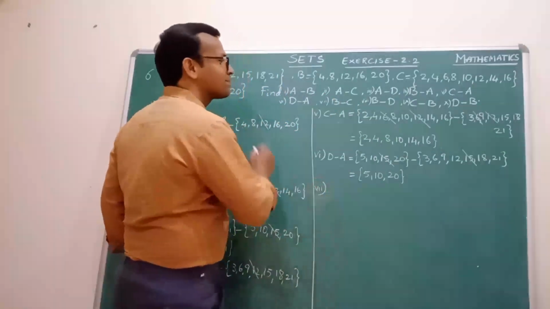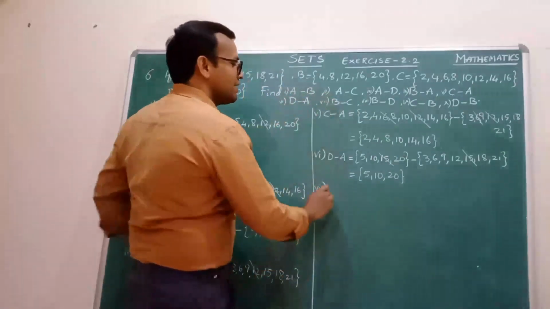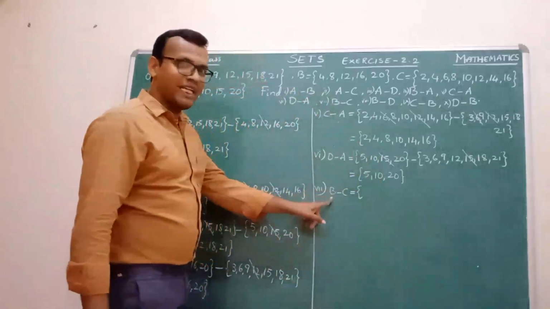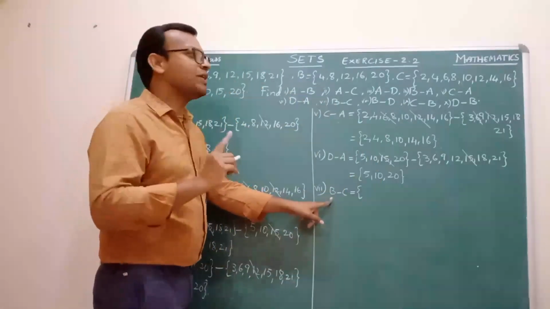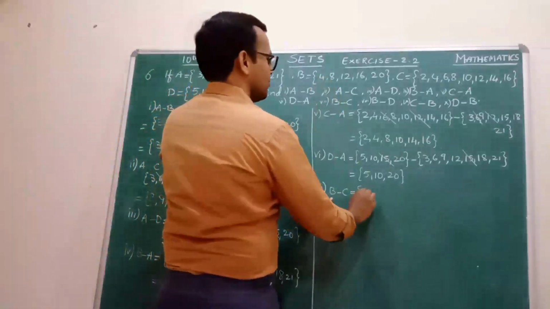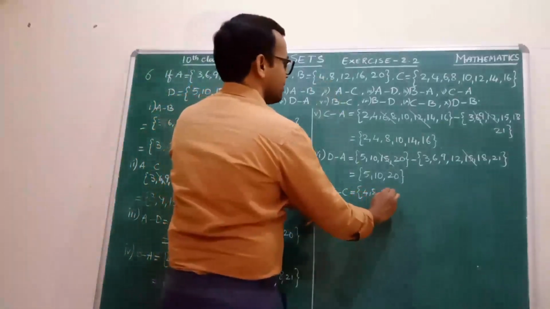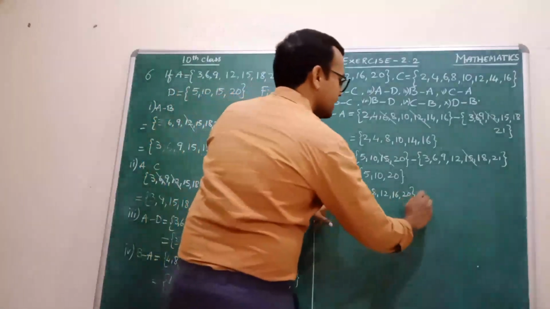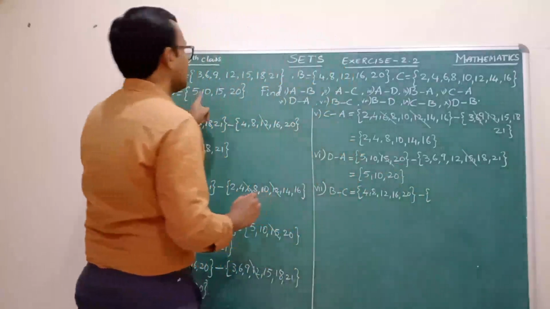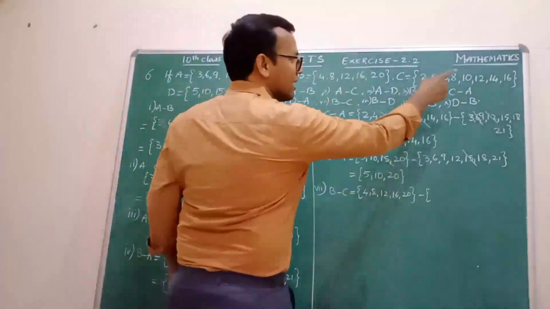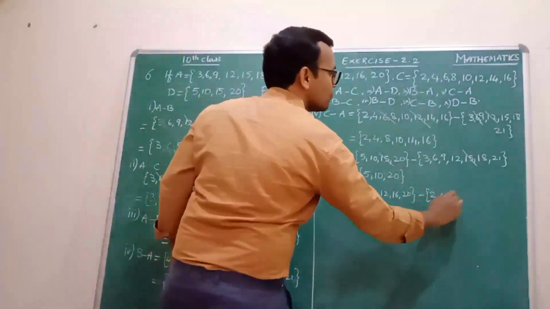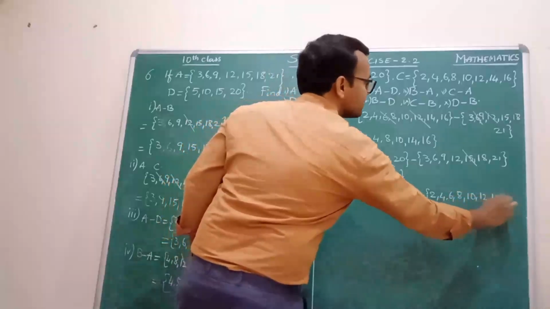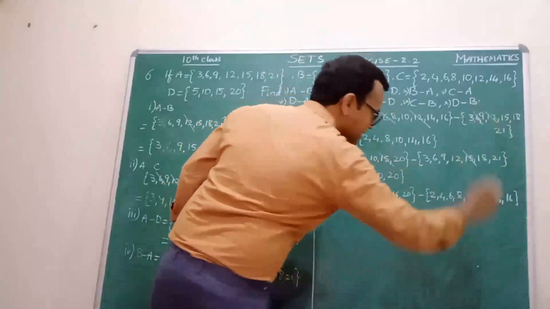Seventh one, B minus C. So children, we know what we have to write. First, set B. What is set B? 4, 8, 12, 16 and 20. These are multiples of 4. Minus C. C is the set of multiples of 2, I think, right? 2, 4, 6, 8, 10, 12, 14 and 16.